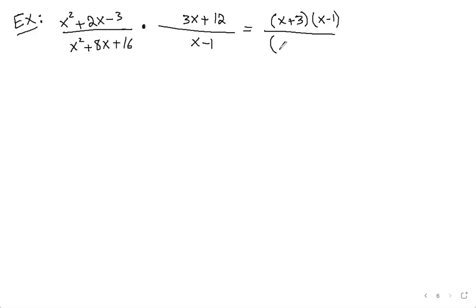x plus 4 times x plus 4. Exactly. Times, how can I factor this one? What's the common factor between the first term and the second term? It is 3, exactly.